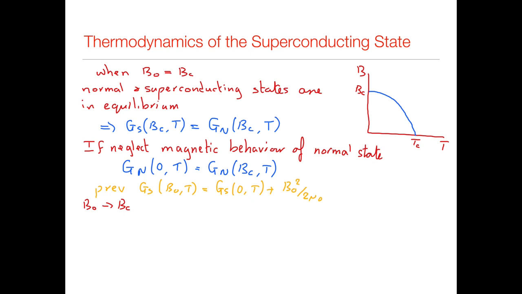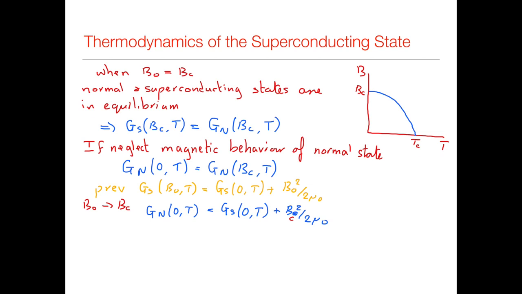So that will give me Gn naught and T equals GS naught and T plus mu naught... Now, oops, sorry. This should be BC.